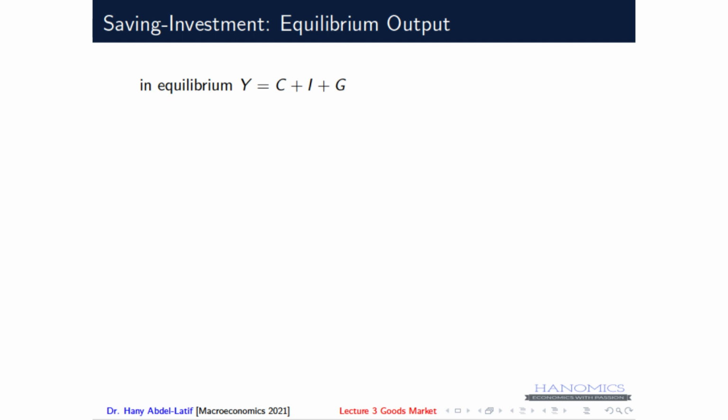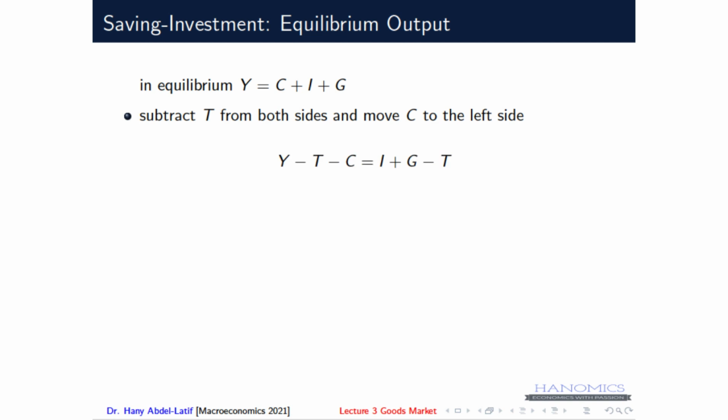In equilibrium, assuming a closed economy, we know that Y equals C plus I plus G. Subtract T from both sides and move C to the left side. This gives us Y minus T minus C equals I plus G minus T. The left side of this equation is simply S, savings.